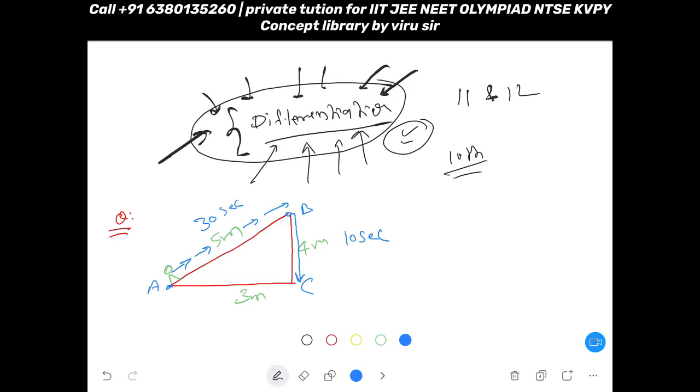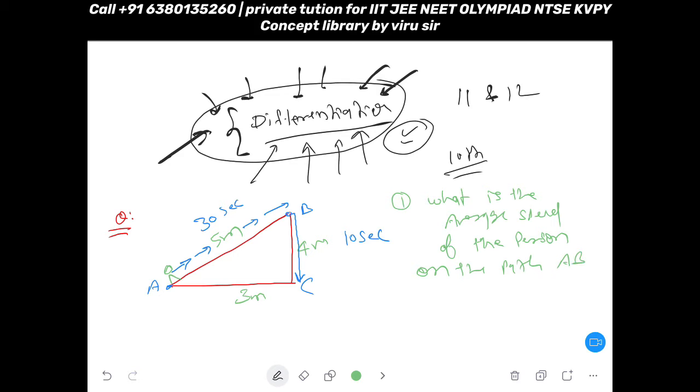Okay, so I can ask you 3 questions. What is the average speed of the person on the path AB? This is the first question.